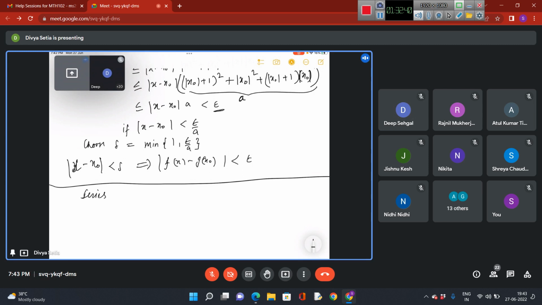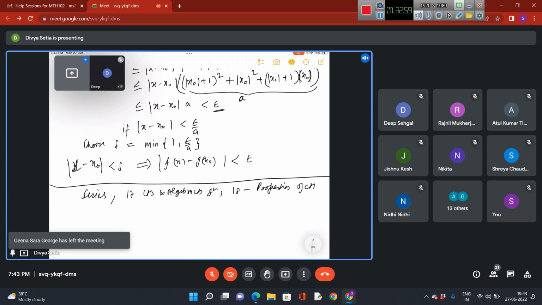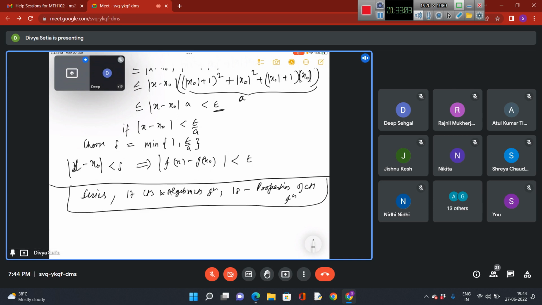I have done almost all the questions of series. And then this 17th section, which is just continuity and algebra of continuous functions. And then this 18th section, which is properties of continuous functions. All your theorems. Fine. These 3 are the important topics of your mid-sem. At least be very prepared with these 3 topics.